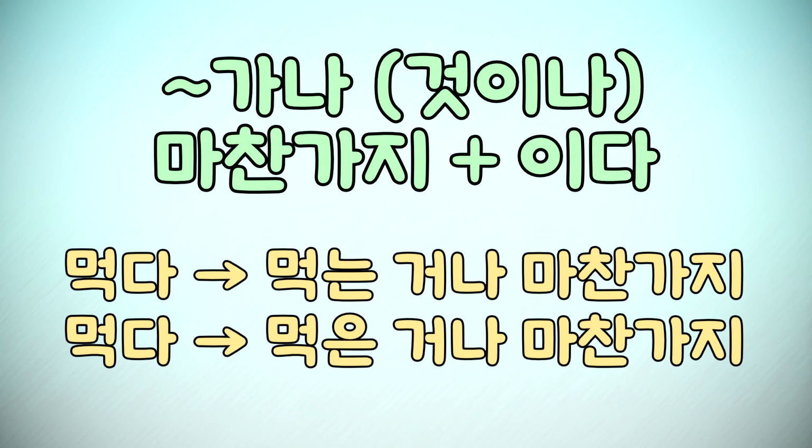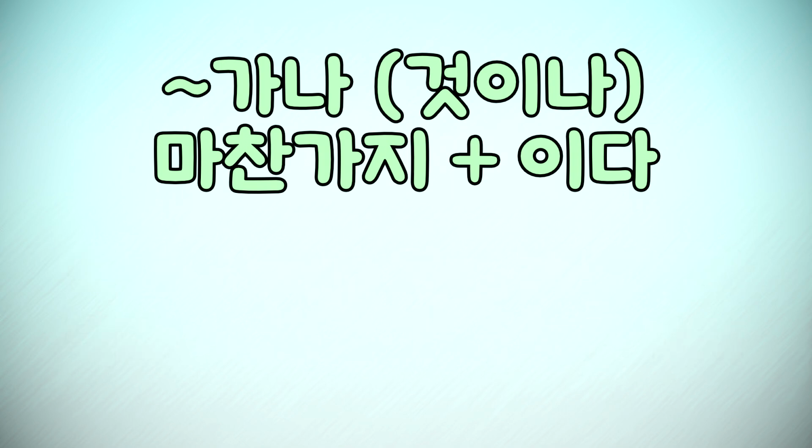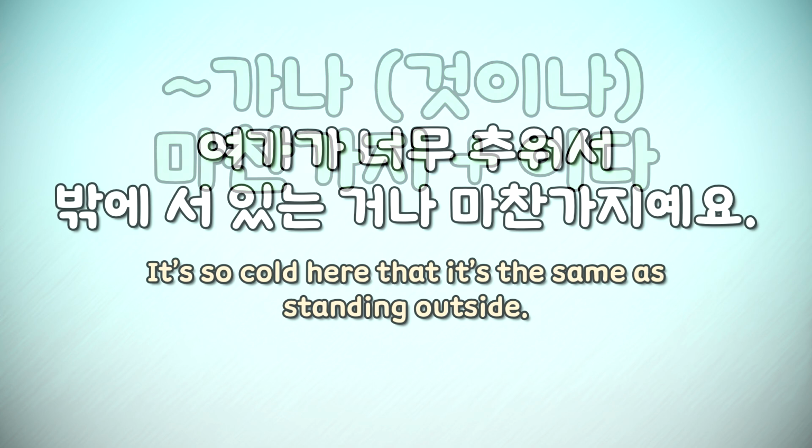For example, 먹다 becomes 먹는 거나 마찬가지, meaning the same as eating. Or in the past tense, 먹은 거나 마찬가지, meaning the same as having eaten. Then just attach 이다 to the end like before and conjugate it. The tense that you use is up to whatever you want to say. So now let's look at a few examples.